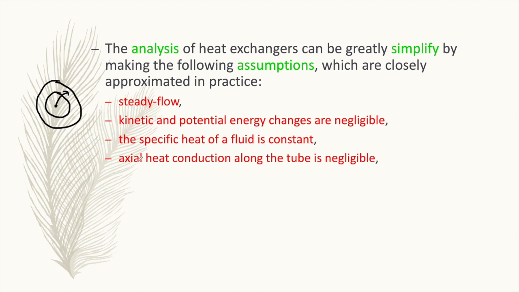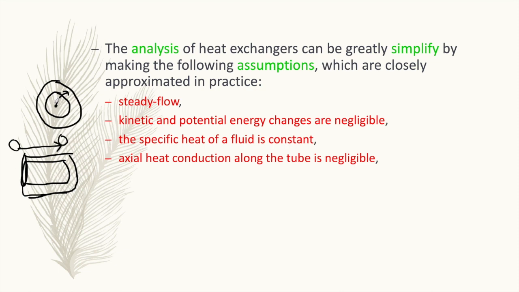What does this mean? If we were considering conduction along the axial direction, throughout the tubes, the axial is this, the movement of heat from here to here. So in the analysis of a heat exchanger, we are not considering this kind of analysis.